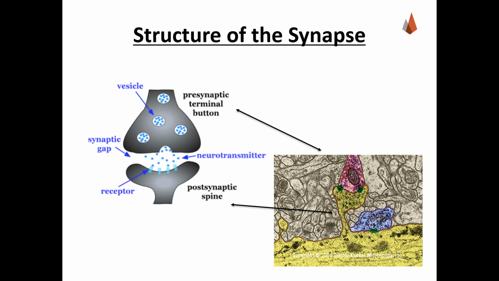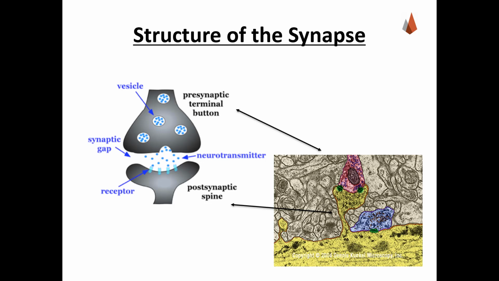The vesicles are the tiny little purple dots surrounding that black oval. You'll notice that those vesicles are building up in two different areas down at the bottom of the presynaptic terminal button. The reason for that is because that's where the gap is. That's where the synapse is.